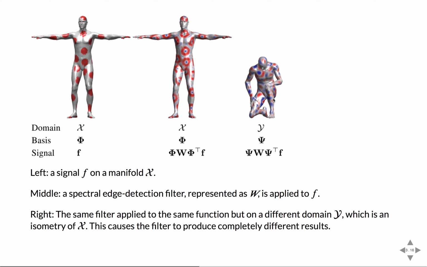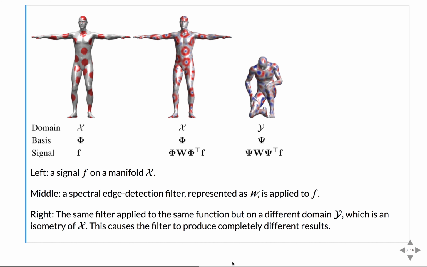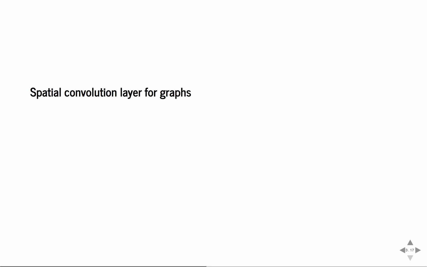But if you take a manifold that's similar, this is an isometry of the manifold, so it's not deformed, it's just shifted, and you use the same filter coefficients but with a different eigen decomposition, then you get a different result. It doesn't have the same meaning anymore. So that's kind of limiting. If you want to generalize to different graphs, even if they're similar, we might not be able to.